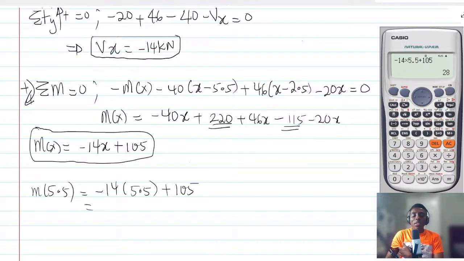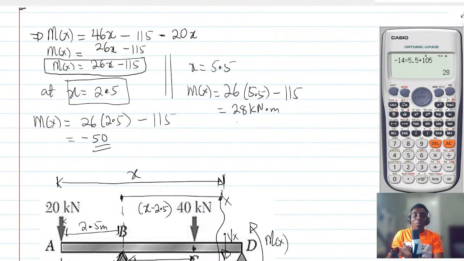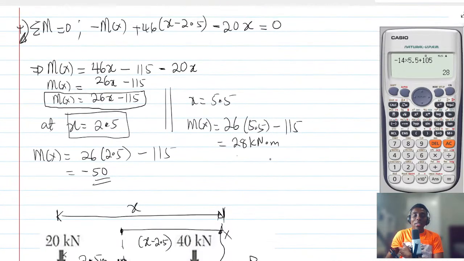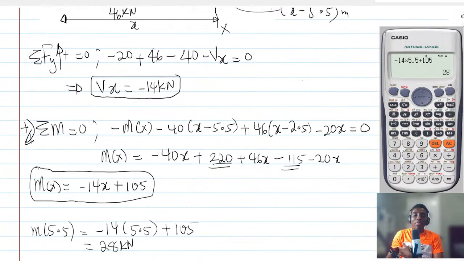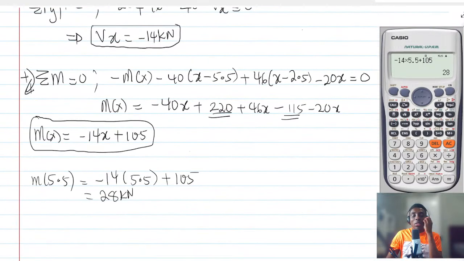Did you see that we are getting 28 kilonewton again, which is confirming that yes, the moment at that section is exactly 28. So even if we use 5.5, we are getting 28.